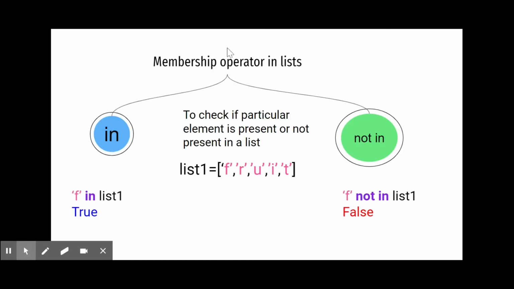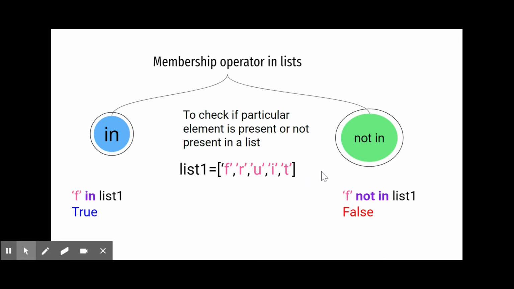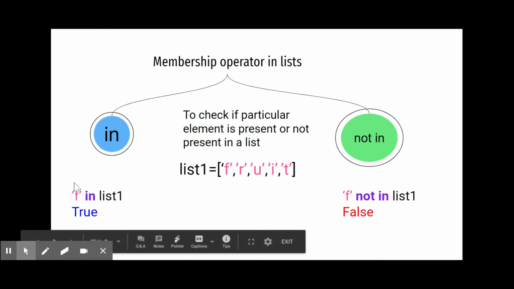Let us look at membership operators in lists. Now, why do I need membership operators? I need membership operators to check if a particular element is present in a list or if it's not present in a list. So the membership operators are in and not in. Now we'll take the same example as earlier, list 1 equal to fruit, and the first example I will be seeing if f is present in this list or not.